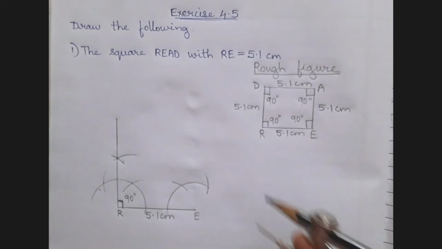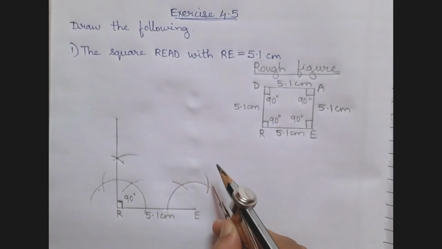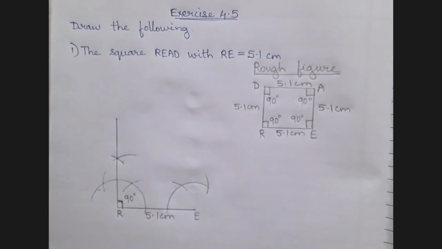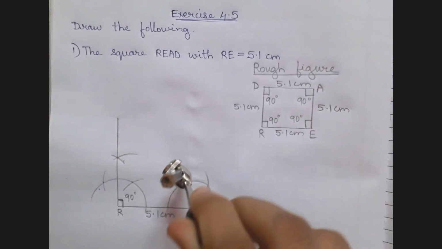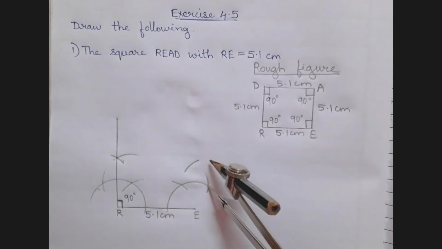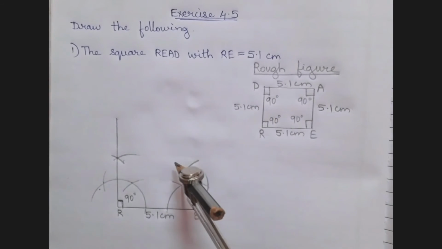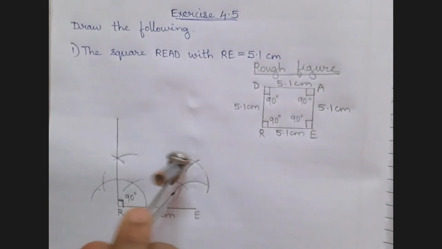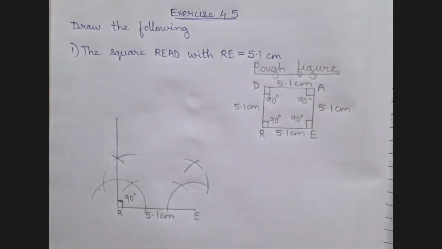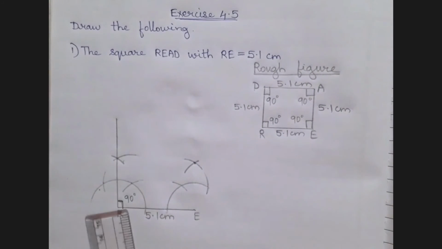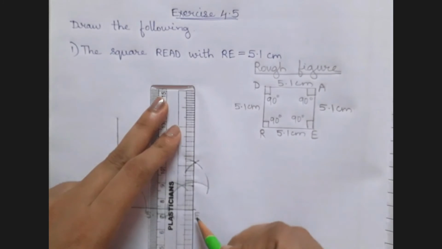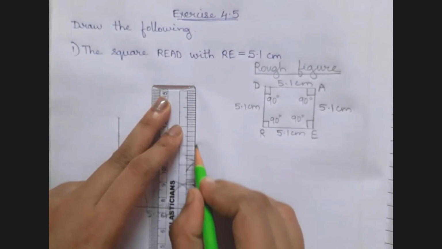Okay, so this is our 60 degree angle and this is our 120 degree angle. So we will bisect this part to get our 90 degree angle. So draw an arc from one arc, and with the same measurement draw an arc from the other arc. So we got this point of intersection. So now we will join this point and point E.